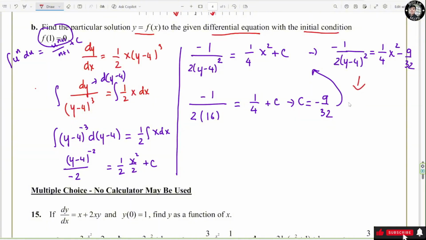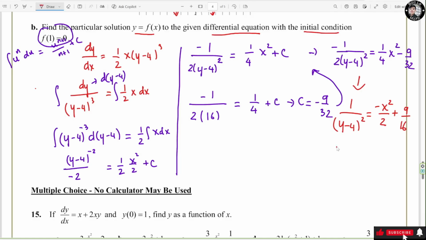So this becomes 1 over (y minus 4) squared equals negative x squared over 2 plus 9 over 16, right?